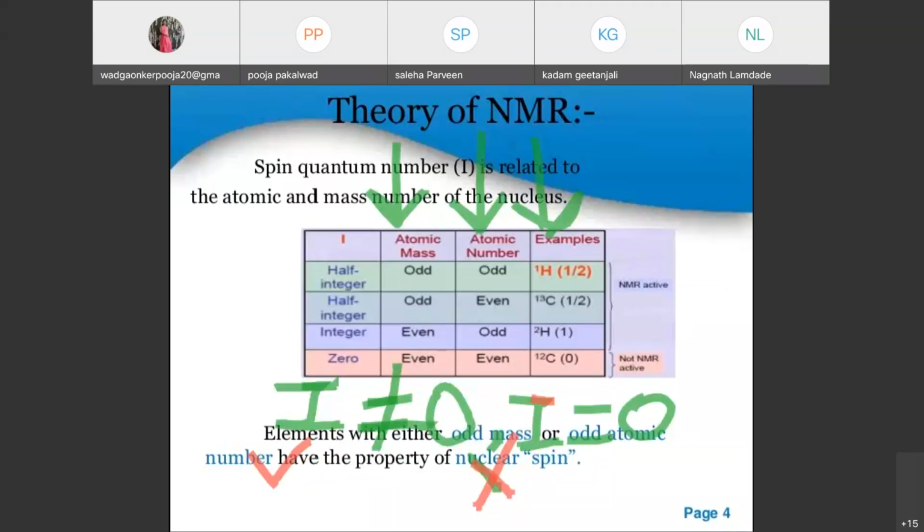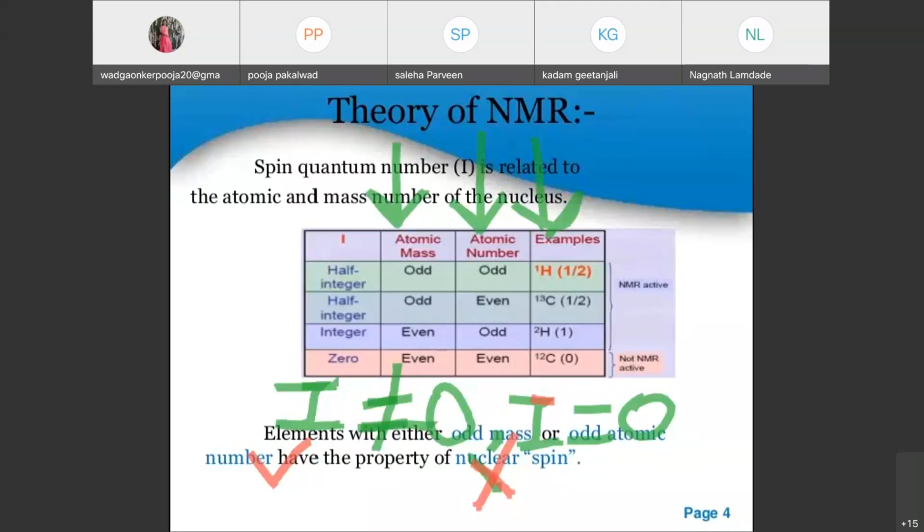As I told you, I'll be showing this in the present table. Those nuclei whose I value is equal to 0, I'm waiting for your replies: if I value is 0, is that nucleus NMR active or inactive?